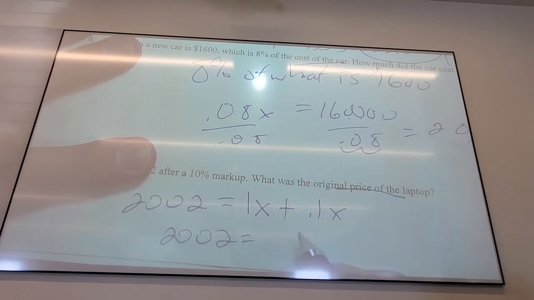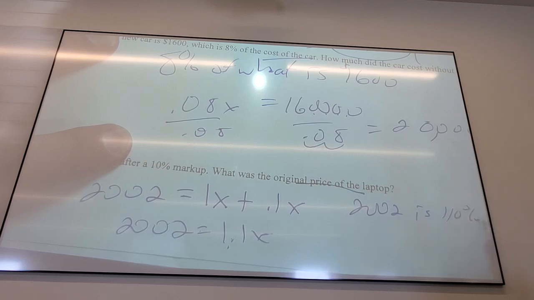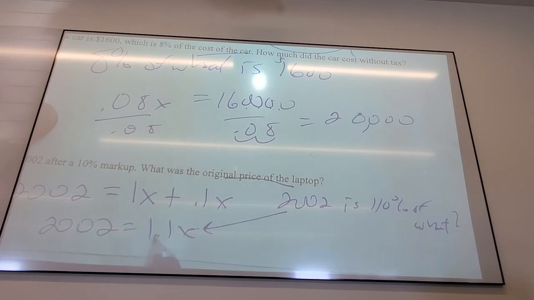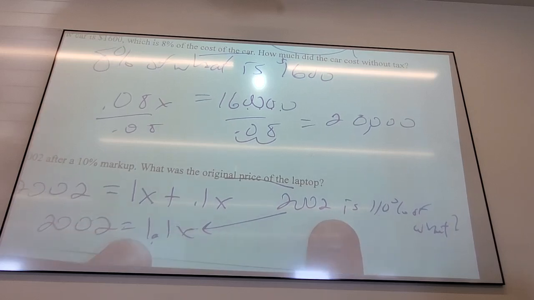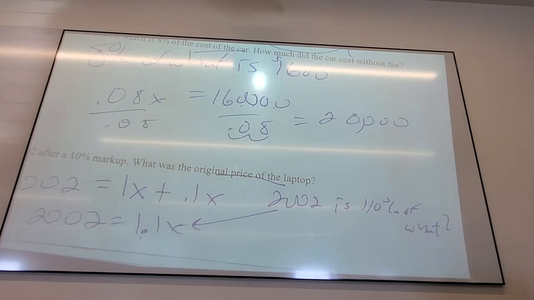Yeah, there's a 1 in front, so it's 1.1, which is 110%. So I can say 2002 is 110% of what? If I go straight to this question, I can go straight to that equation, yes? 2002 is 110% times what? X.